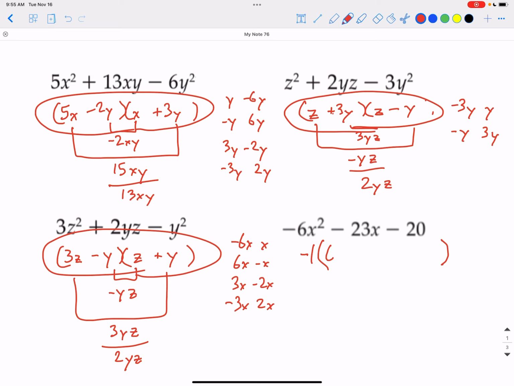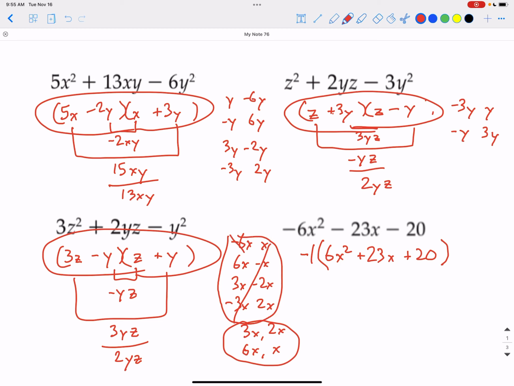So that would give me a positive 6x squared, a positive 23x, and a positive 20. So now the only ways to split up 6x squared is just 3x and 2x, or we could do positive 6x and positive x. So there's only 2 ways to split up that 6x squared, whereas if I left it negative, there would be 4 ways. So you wouldn't be wrong to leave it negative.